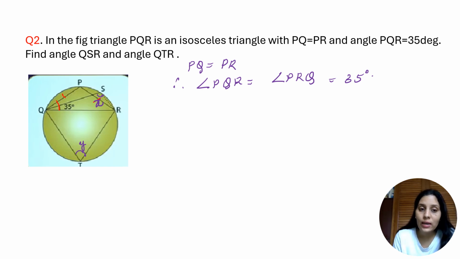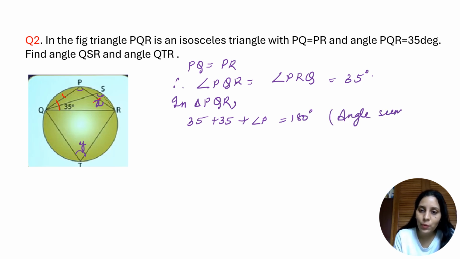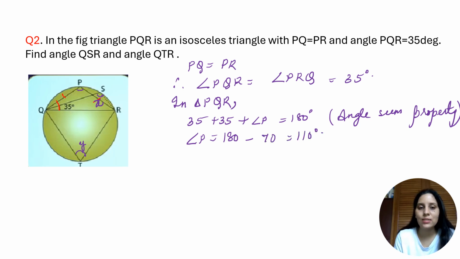Now considering triangle PQR, I know Q, I know R, so I can easily find angle P. 35 plus 35 plus angle P is equal to 180 degrees, angle sum property. So angle P will be equal to 180 minus 70, which is 110 degrees.